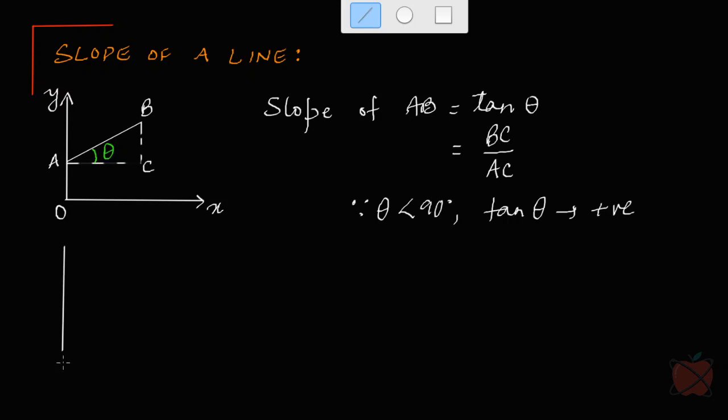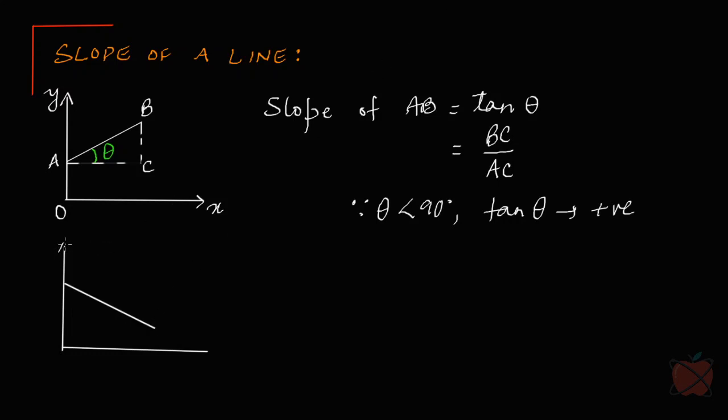Let's say again another graph. Now the line is going this way. Y, X, this is AB now. So for AB, you have to draw the horizontal from here. Right? So let's say this is the angle theta that it is making.